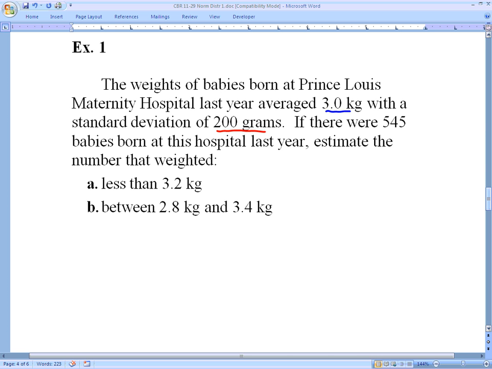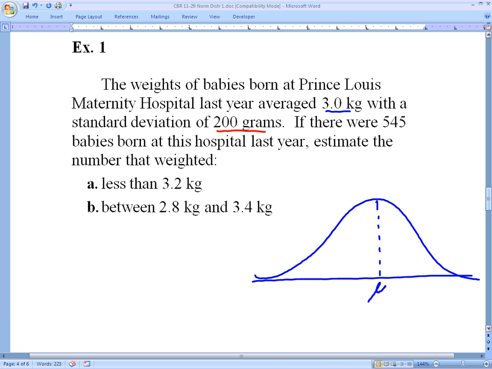For most of these, what you're going to want to do is draw a picture to represent the normal distribution. So I'm going to do that here. Again, it's a normal bell-shaped curve. Right smack dab in the middle is going to be my mean, which is mu. In this case, the mean is 3.0 kilograms.